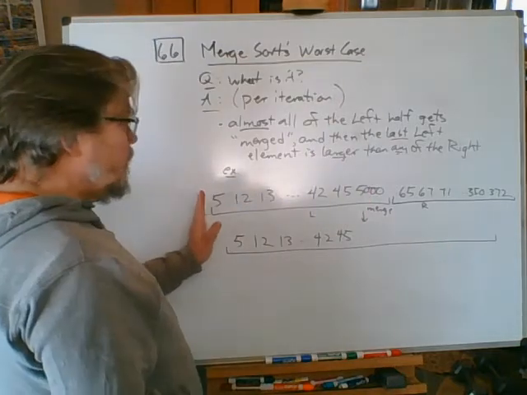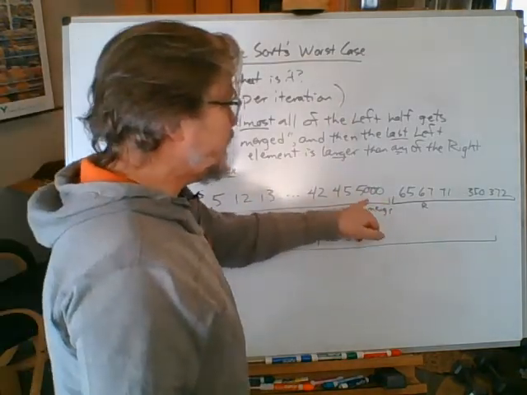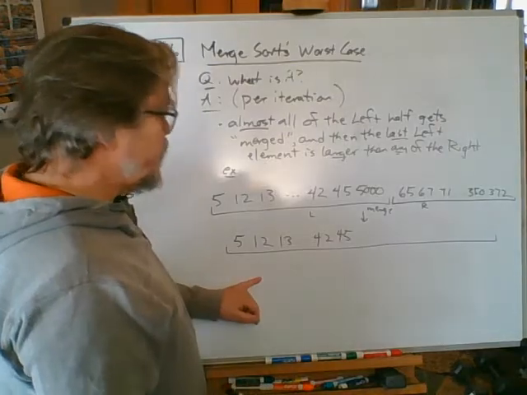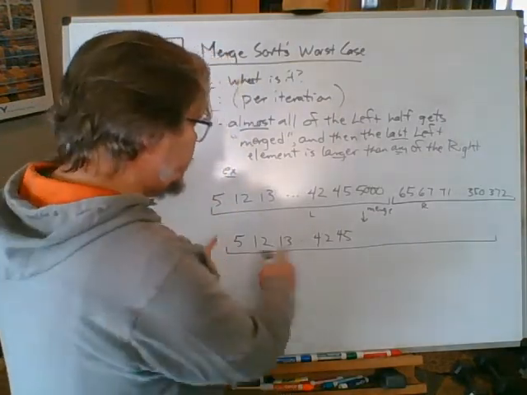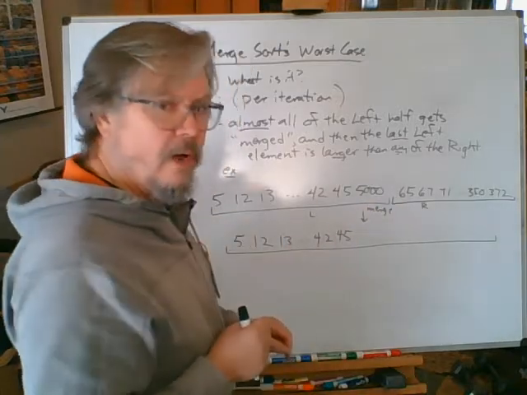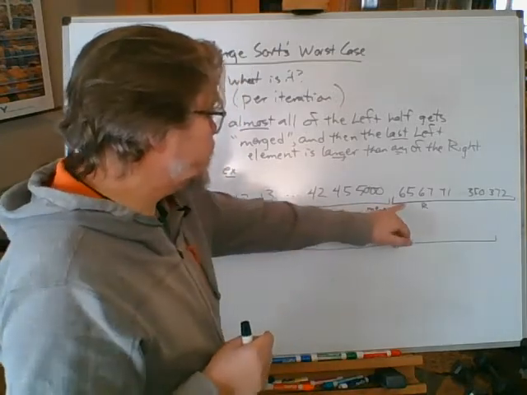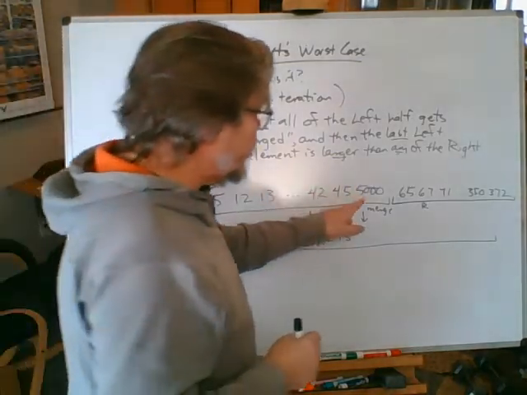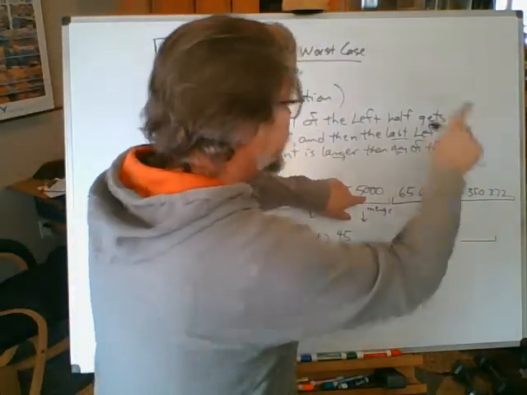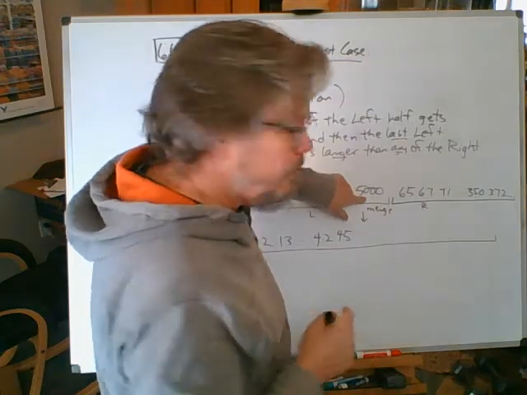So we almost made it to the end of the left half, and everything just pretty much got copied down without thinking about it, even though every single one of these got compared to the 65. Every one of these beat the socks off 65, and that's why they're already in the big tray at the bottom. But now we ran into 5,000, and look, now all of a sudden the right-hand team starts catching up.